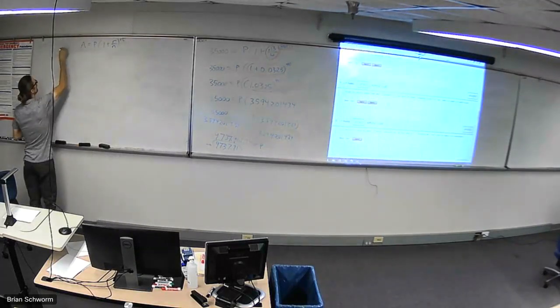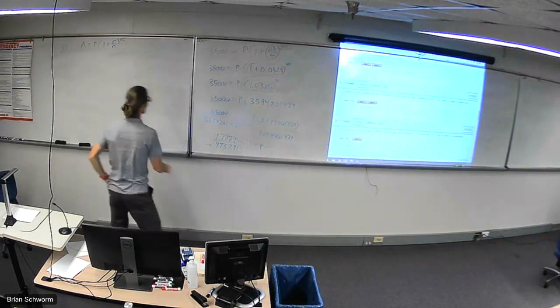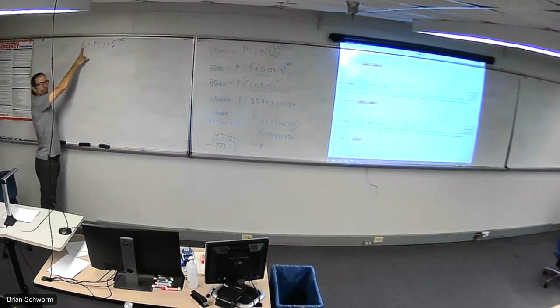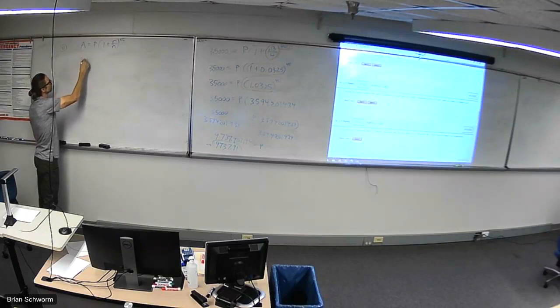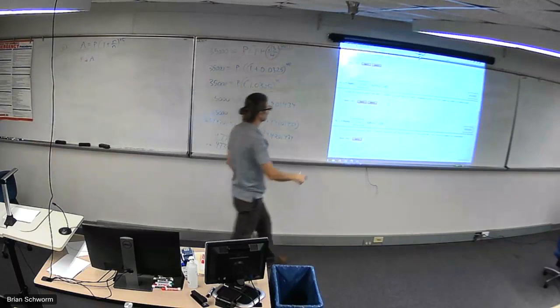So 11. Calculate the compound amount. The compound amount is the amount that you have after interest is compounded for some time, so find the A. Not in those exact words, but that's what they want to find.